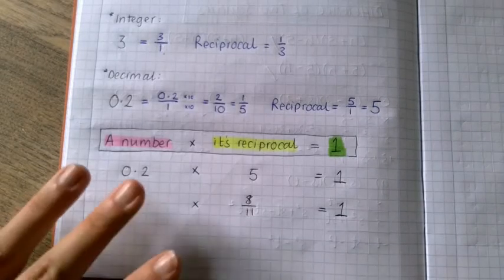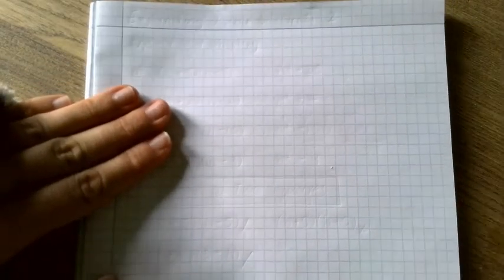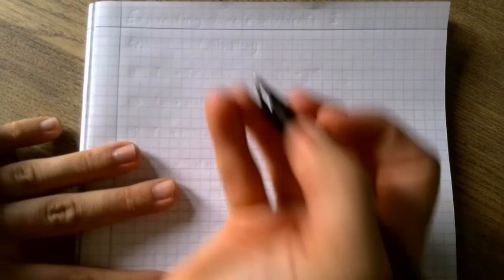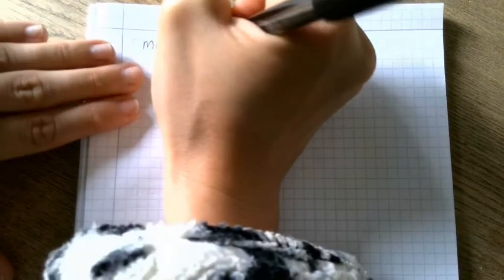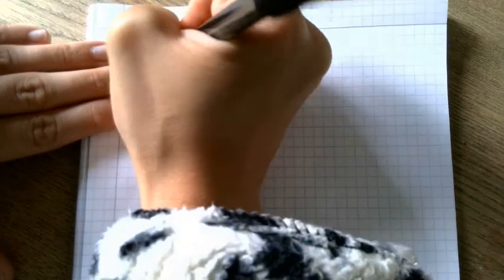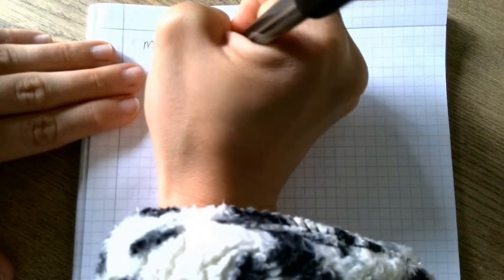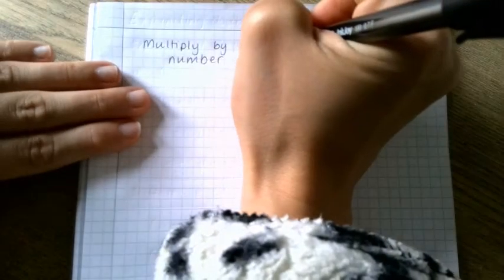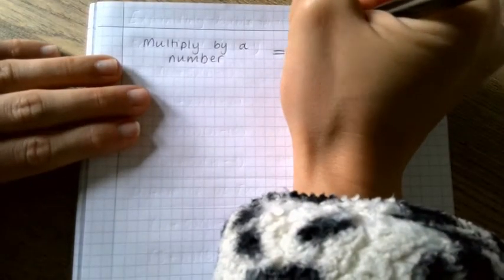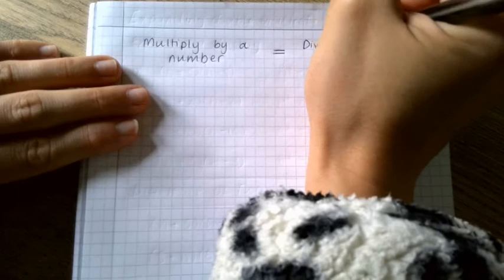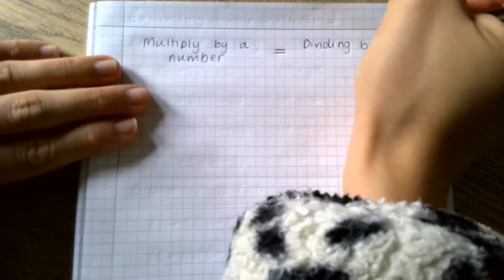But where they come in really, really useful is when we have to multiply or divide by fractions. I guess another fact that we can bear in mind is that if I multiply by a number, that is exactly the same, so that's equal to dividing by its reciprocal.